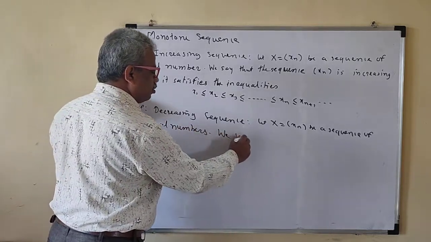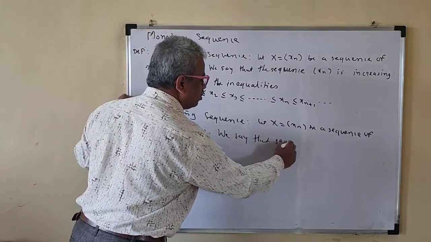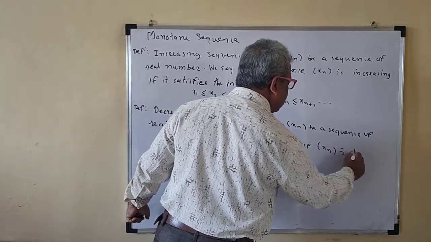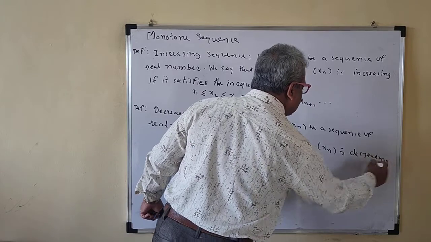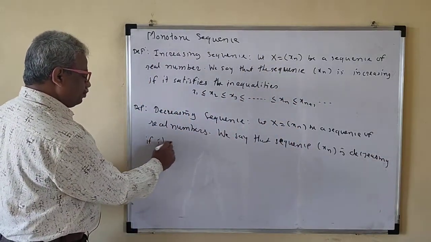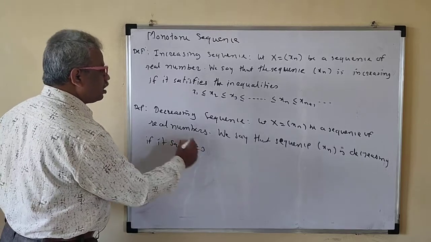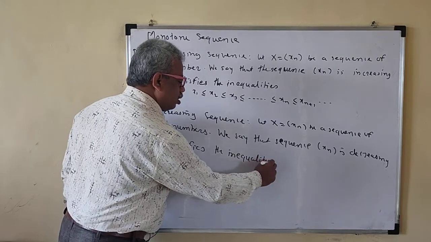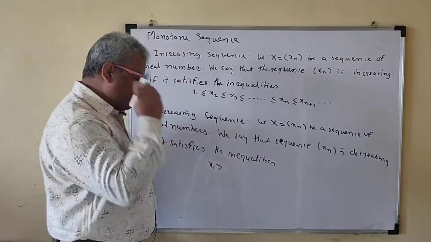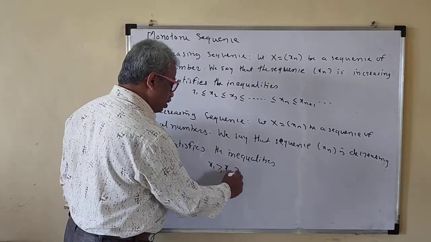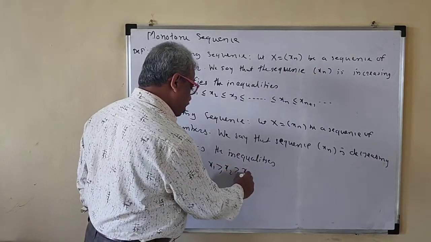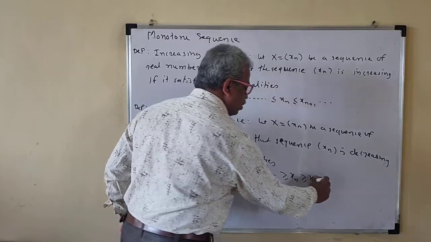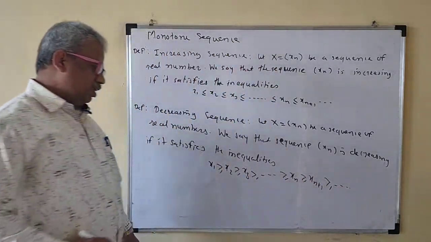We say that the sequence xn is decreasing if it satisfies the inequalities x1 > x2 > x3 > ... > xn+1 > ... That means your first term is more than the second term. The values are going to decrease here. So this is a decreasing sequence.